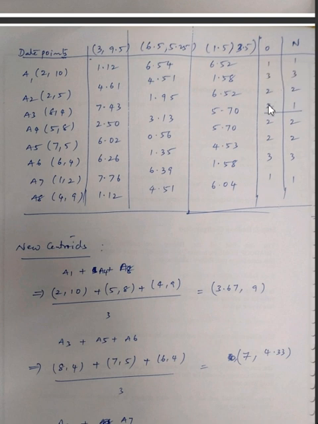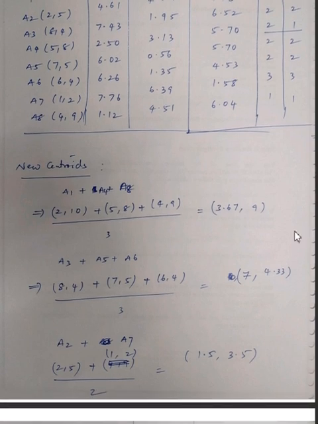If anything is moving, again we have to calculate the centroids. You can observe that compared to the old clusters, data point A3 is moving to the first cluster. So again we have to recalculate the new centroid.